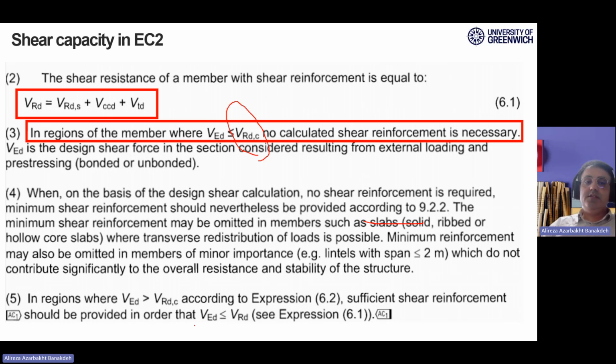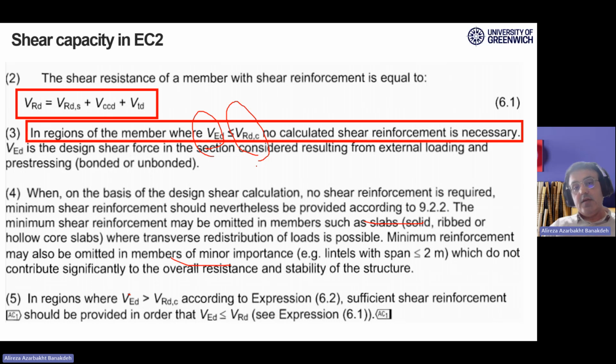If the resultant shear force from structural analysis from ETABS is less than this value, there is no point in designing for shear forces, although you always have some minimum shear reinforcement in place. If you're less than VRDC, it's fine not to design your section for shear forces. But if you're more than this value, you have to design for the shear forces. You always need to check for the minimum reinforcement, but you have to design for the shear forces.